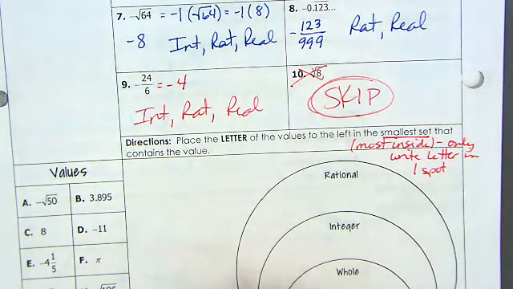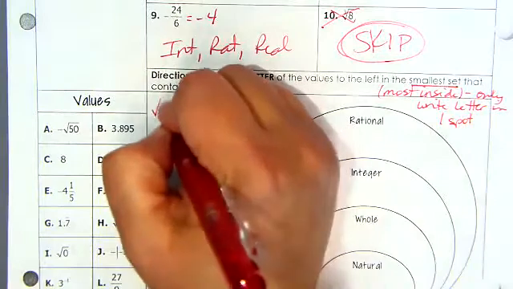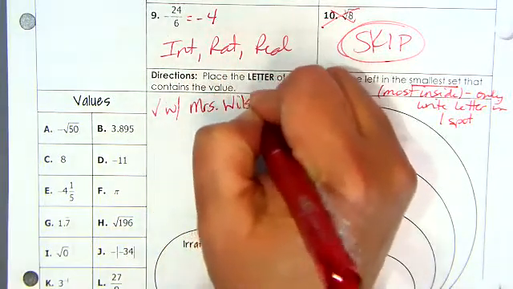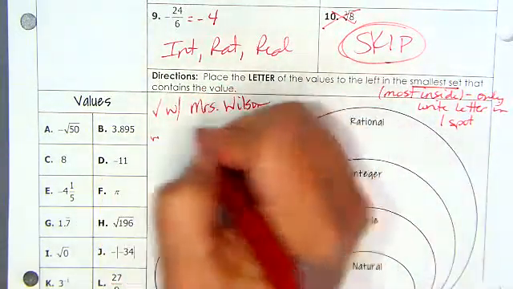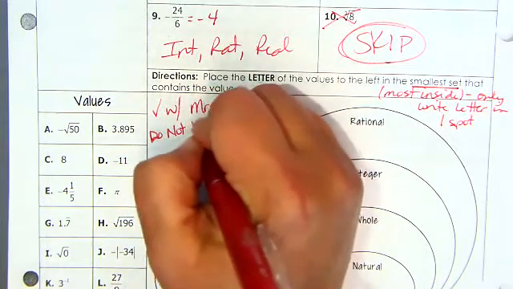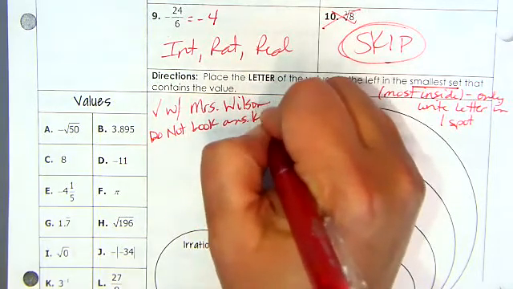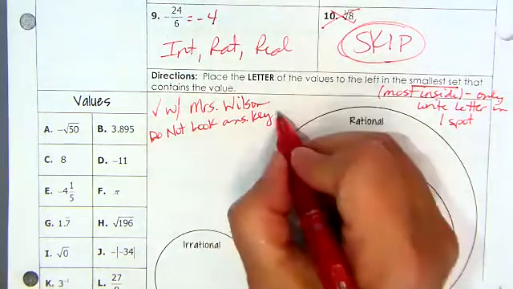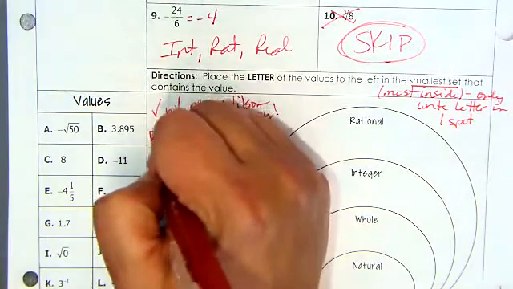Fill this out and then check with me, Mrs. Wilson. Do not look at the answer key first. Check with Mrs. Wilson before you look at the answer key, and before starting the classwork.